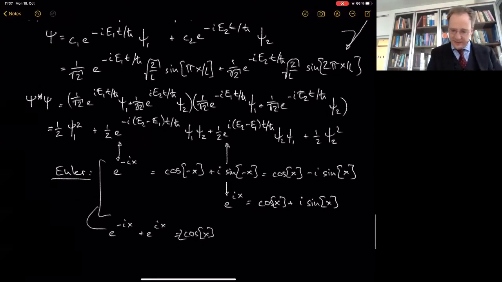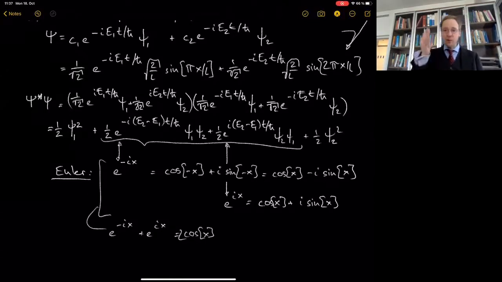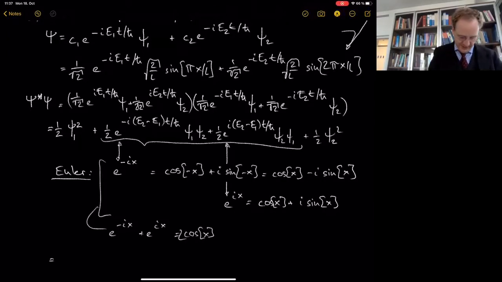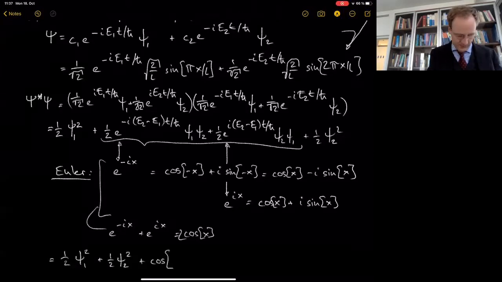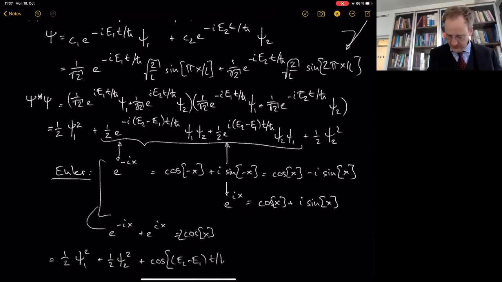And since we have 1/2 in front of these two terms, the entire expression for our wave function now gets simplified, and you can write it as cosine of (E2 minus E1) t over h bar, times psi1 psi2.